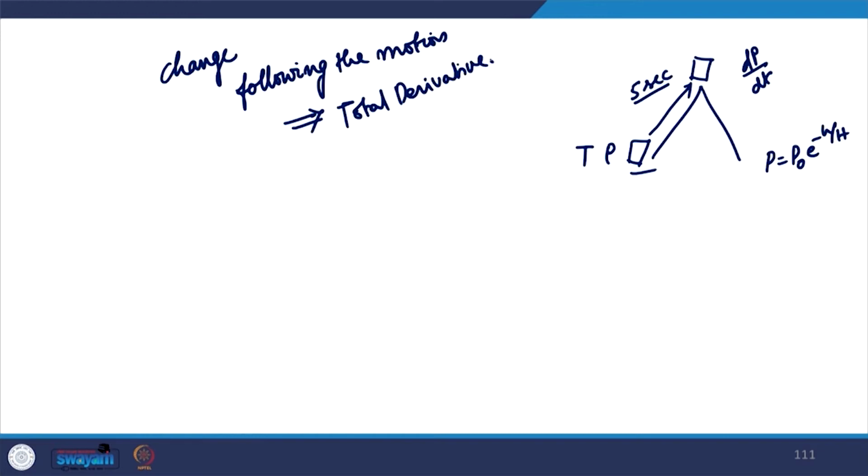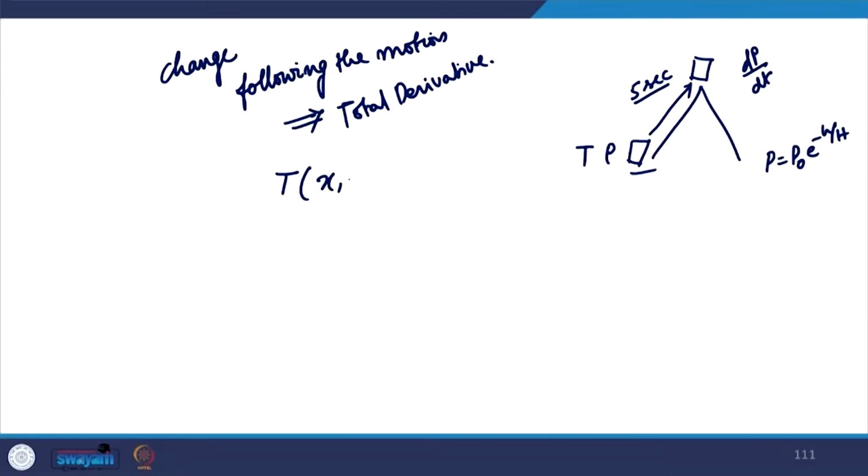So, the total derivative allows you to calculate change in a dynamical physical variable following the motion across its trajectory. So, dp by dt is sometimes not sufficient.